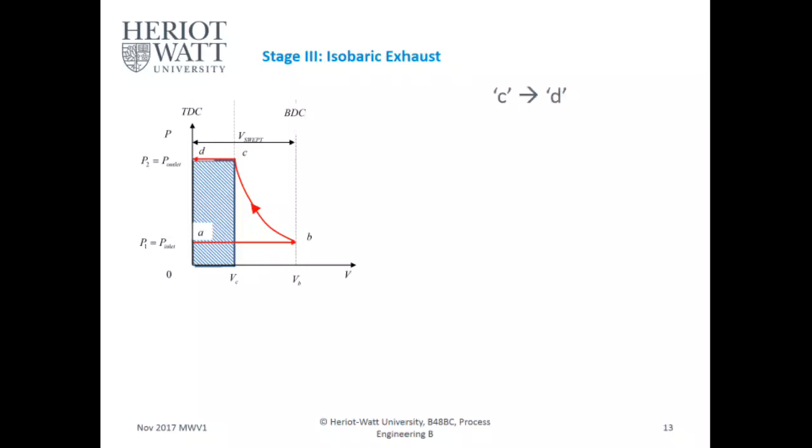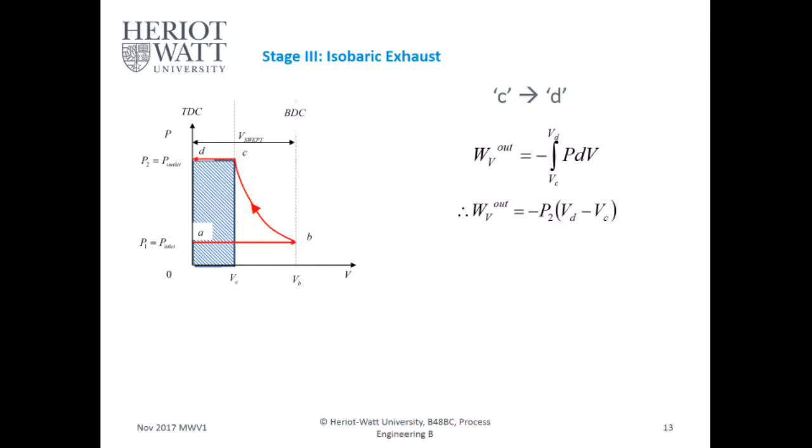Third stage is your isobaric exhaust stage. The volume work required to open the valve out equals the integral from VC to VD of PdV. So again, your first stage is the same, second stage is volume work, third stage is pressure constant.